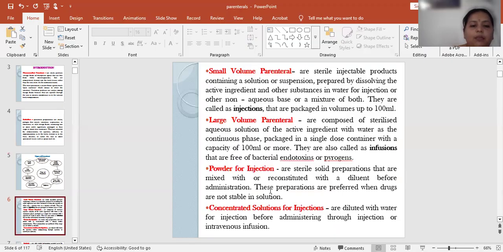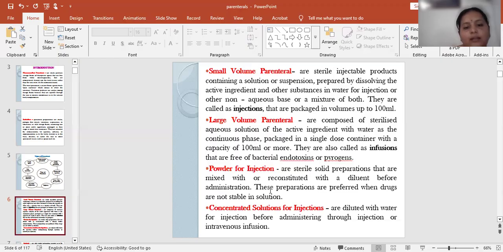The volume can be less than 100 ml. This is used for injections and IVs, intramuscular and subcutaneous. These are water for injections or other non-aqueous base or a mixture of both. Small volume parenteral examples are adrenaline injection and insulin injections.